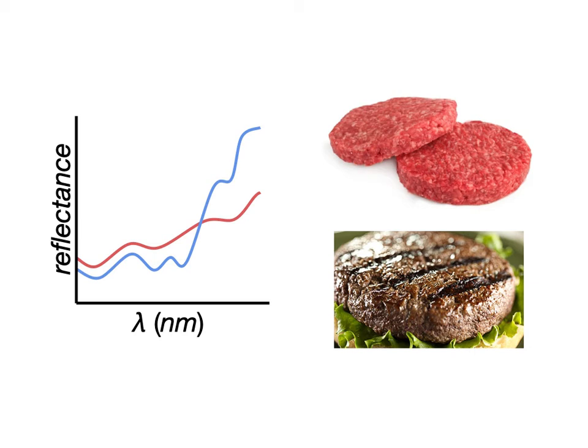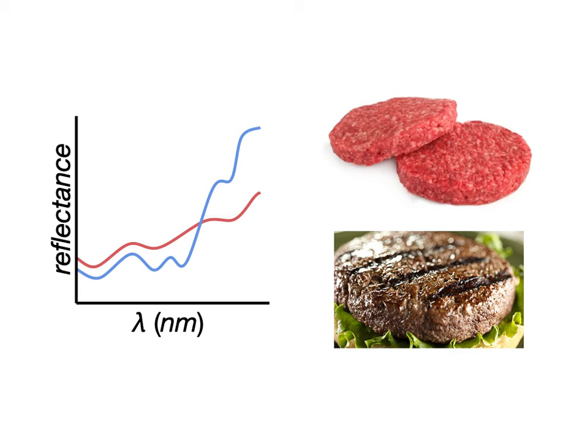Everyone talks about rare versus whatever. You don't want to eat raw ground beef, I promise you. But cooked has a different set of properties. So these are ways that there's complex information available in the way that a whole set of light wavelengths are coming off of a particular object.